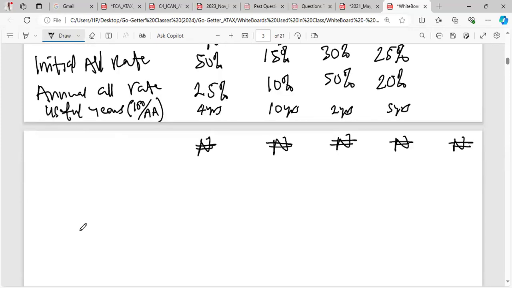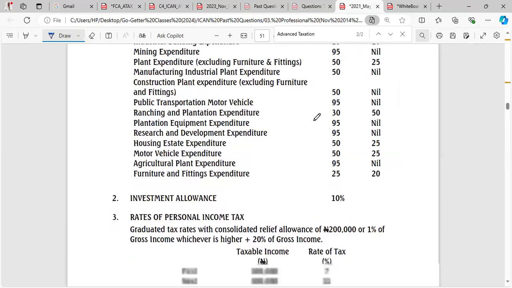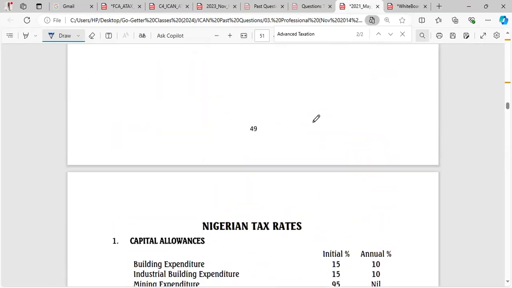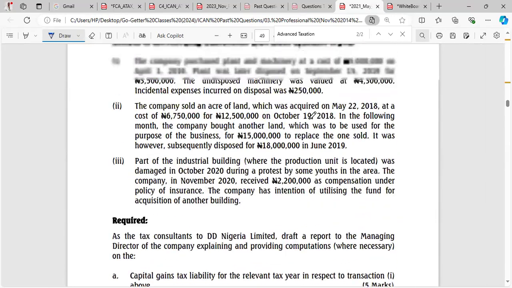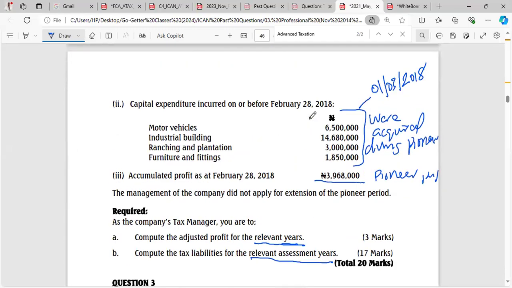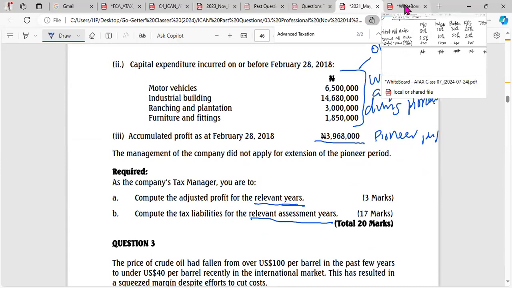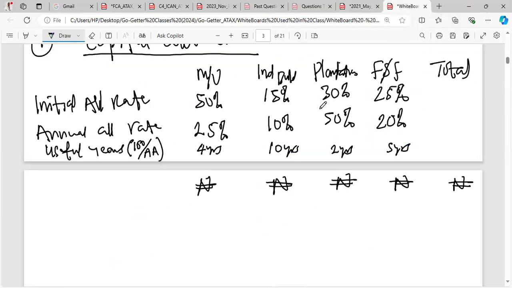So what do you have? You go to the capital expenditure that was incurred on or before the last date of the pioneer, you bring them down. You call them qualifying capital expenditure at cost. Motor vehicle is 6,500,000.